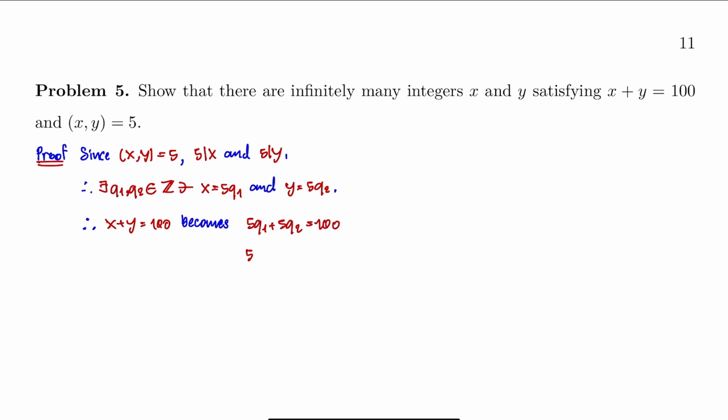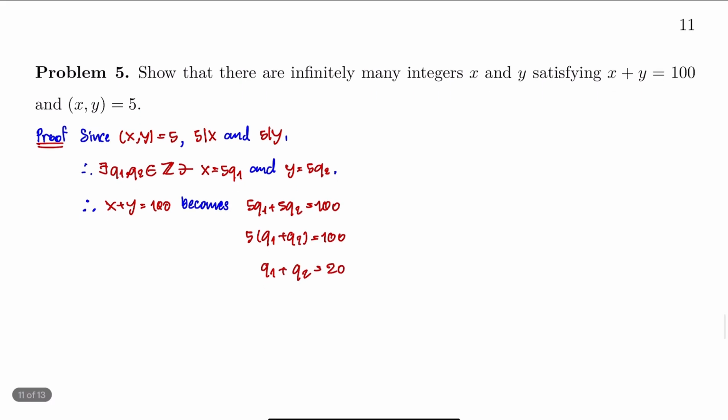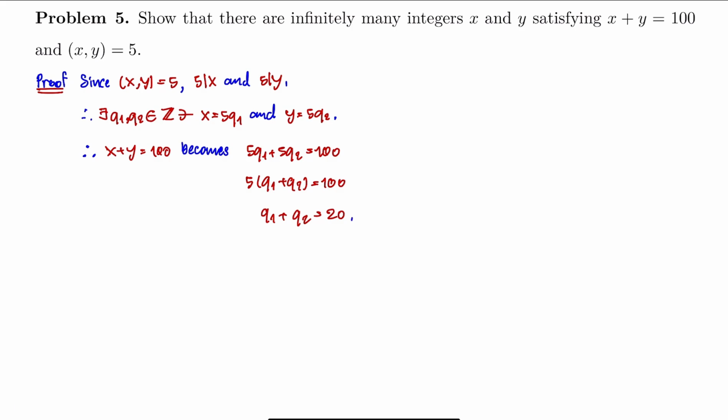We factorize 5, we have 5 times (q1 plus q2) equal 100, and we have q1 plus q2 equal to 20. Now we have q1, q2, which are integers.